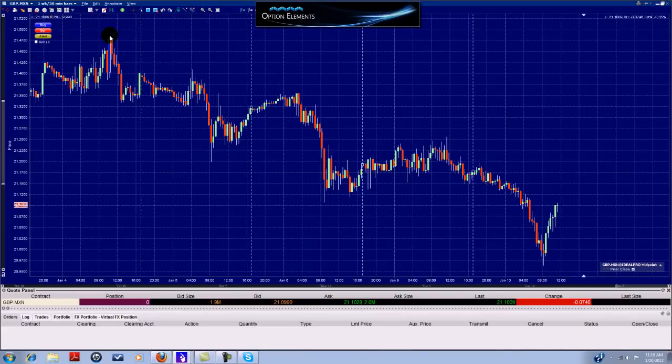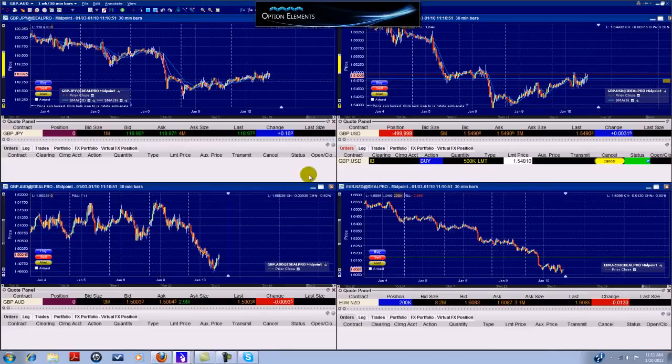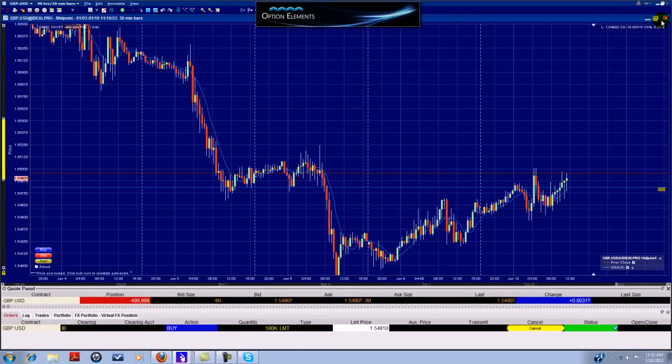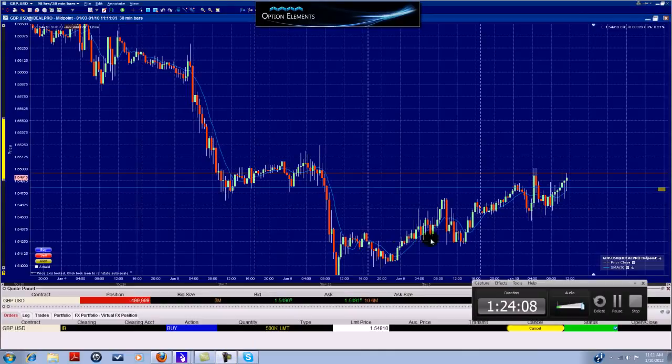You can do something simple like that if you want to. For longer term positions, you want to sell up here or buy above it. Okay, let's get back to cable. We're sitting in the middle here, so I'll pause and then we'll get back to it as we get closer. I'm going to look around for some more trades also.